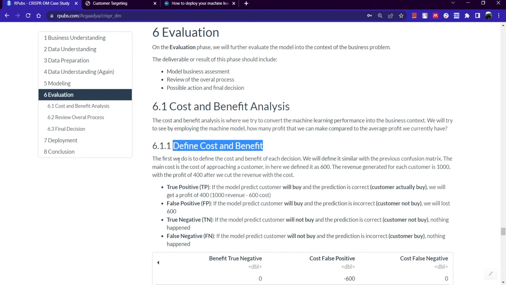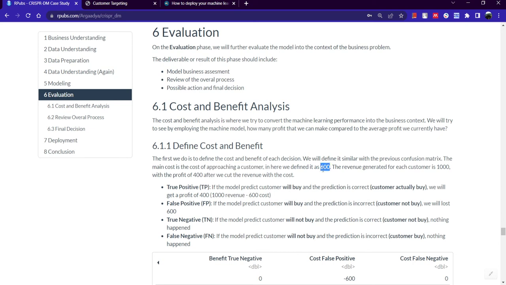So first we need to define the cost and benefit of each decision. Okay, so we will define it similar with the previous confusion matrix. The main cost is the cost approaching customer. And in here we defined as 600. That means the company has to spend 600, okay, in order to approach the customer, regardless whether the customer will buy a product after all or not.